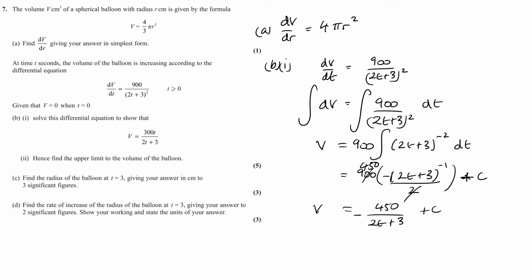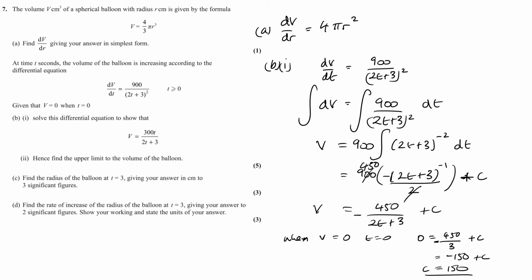Now it tells me that V equals 0 and t equals 0. So when V equals 0, t equals 0, we have 0 equals 450 over 3 plus c, and that's a minus, isn't it? So 450 over 3 is minus 150 plus c, so c equals 150.